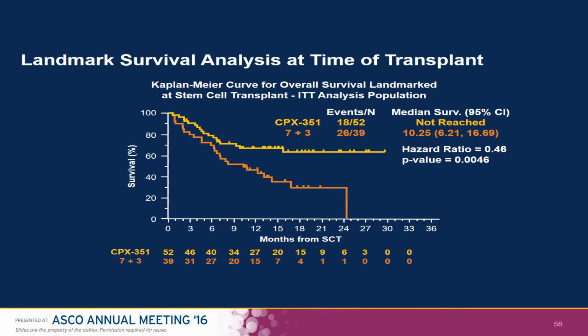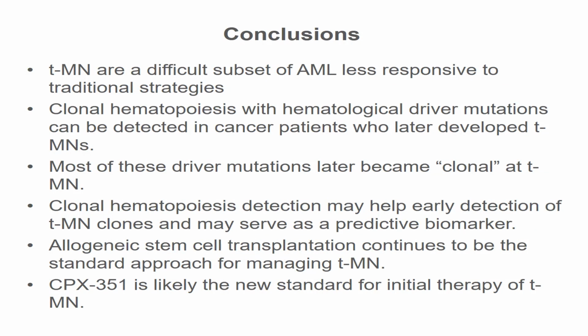But when they did a landmark analysis at transplant, here you can see a significant advantage for CPX-351. So I think many of us in the AML world believe that this is going to be a drug that will be approved in the next year, and it would hopefully improve the outcome of these patients to some degree, at least perhaps by allowing more of them to go to transplant.